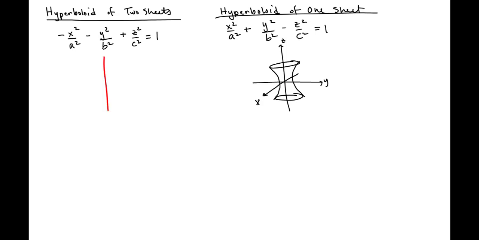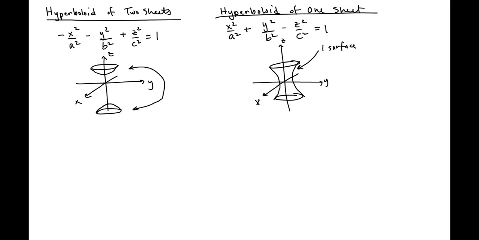While we're going to see today that a hyperboloid of two sheets will look something similar to this. The hyperboloid of one sheet has just one continuous surface, while the hyperboloid of two sheets has two surfaces. For now, we're going to sketch a hyperboloid of two sheets given the equation we have.